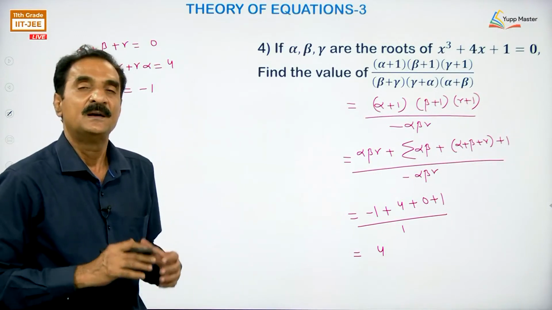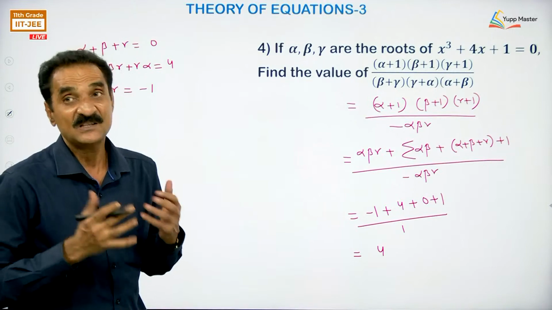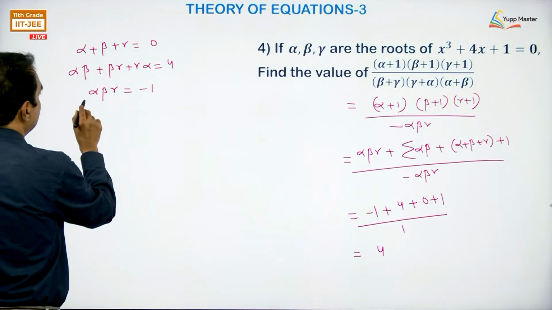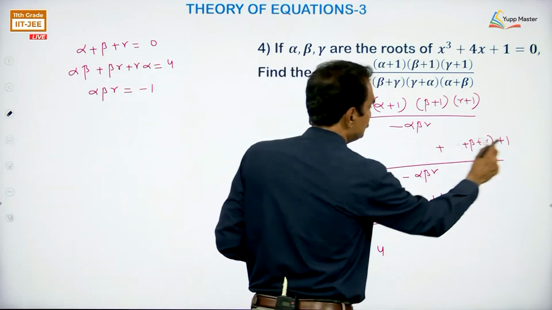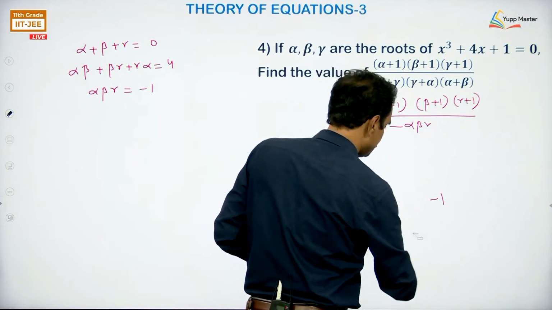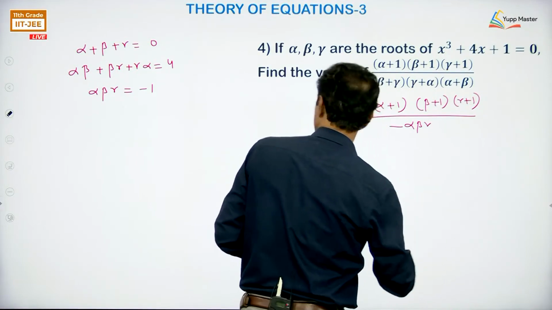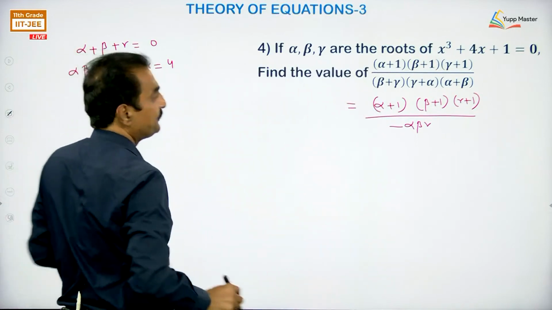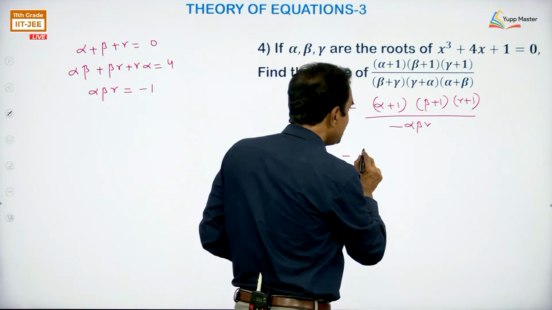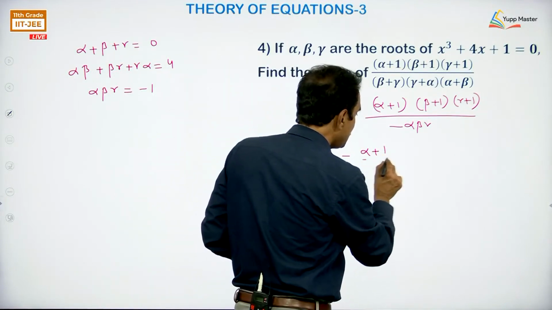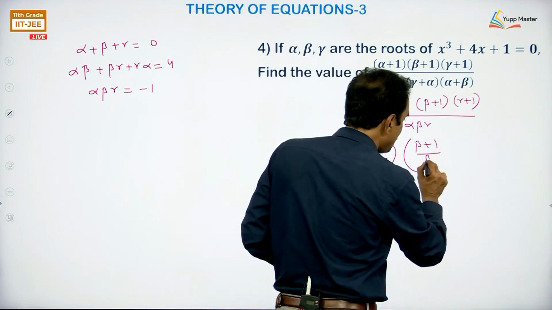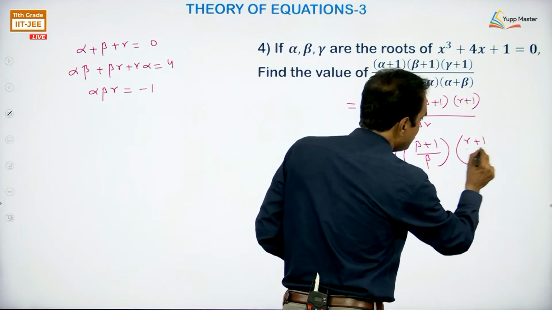Answer is 4. Now, how to solve it using transformation of roots? Let us see. I will write this product as minus of (alpha plus 1 by alpha)(beta plus 1 by beta)(gamma plus 1 by gamma).